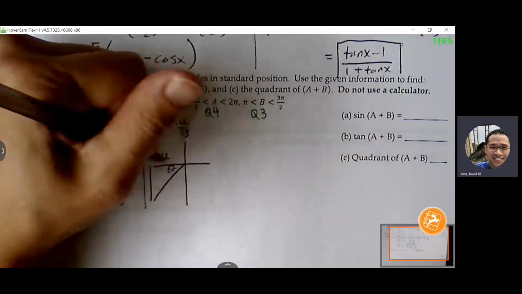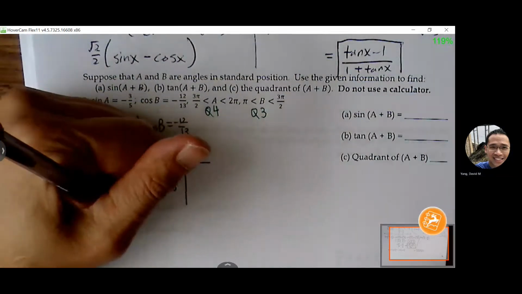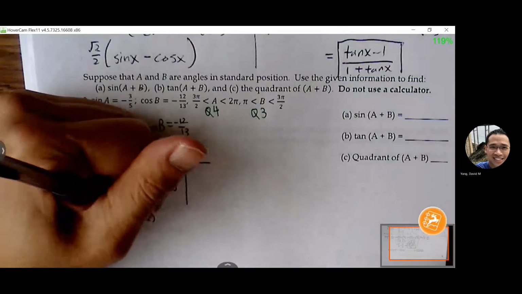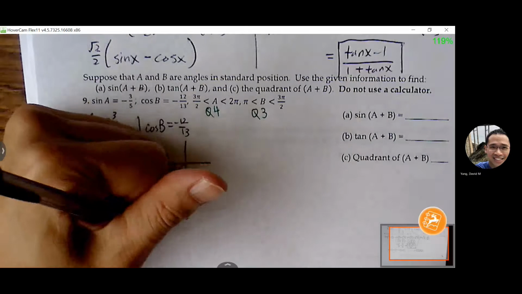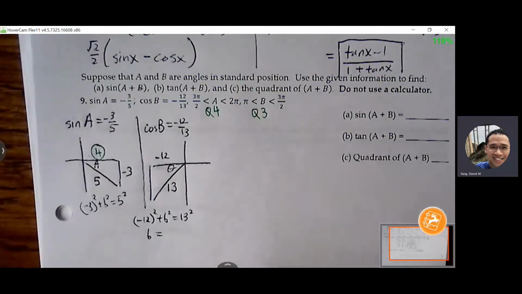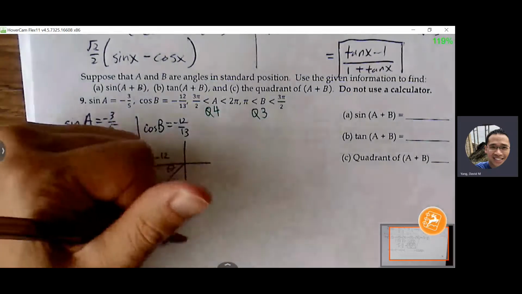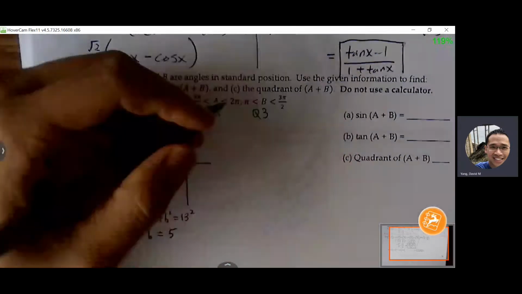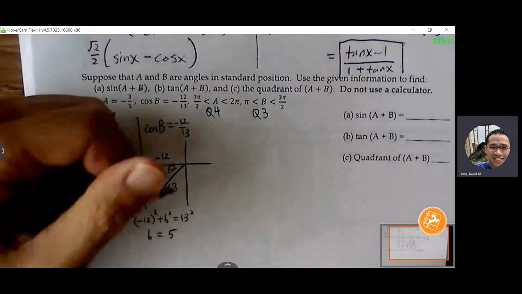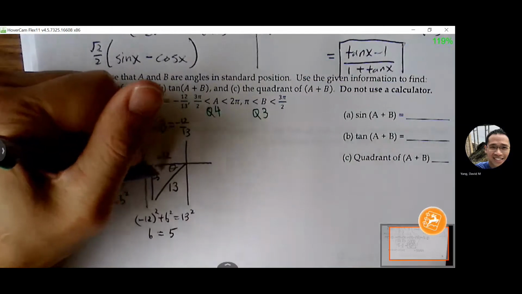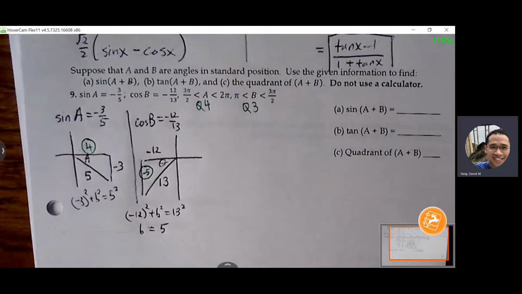So -12/13. Pythagorean theorem. 169 minus 144 is 25. Square root of 25 is going to be 5. But this is in the third quadrant here, so this should be what? -5. All right, we have everything that we need.